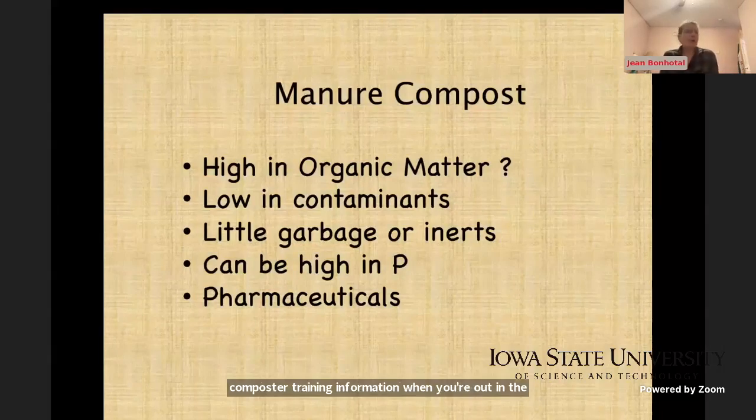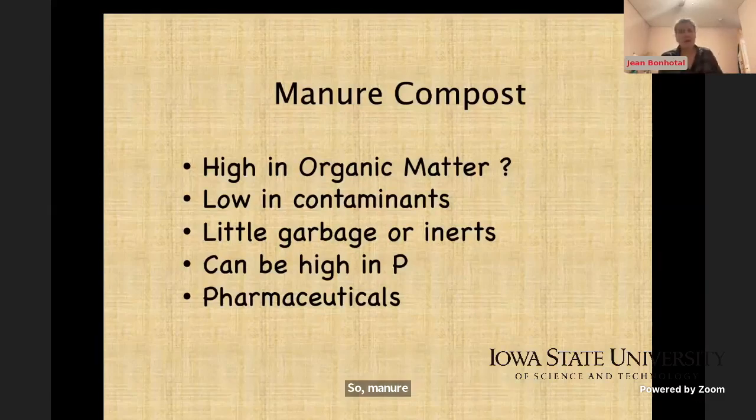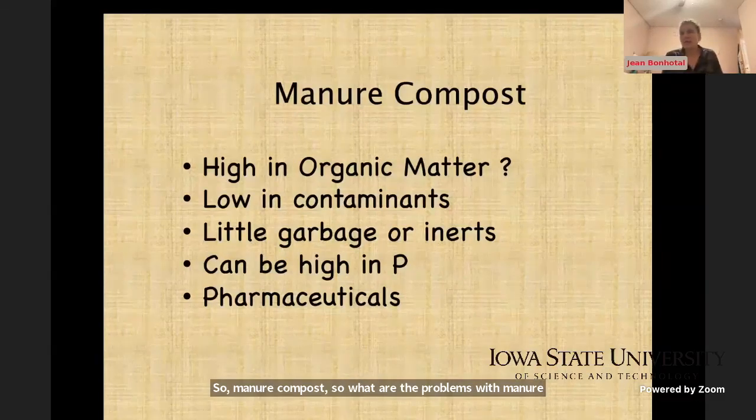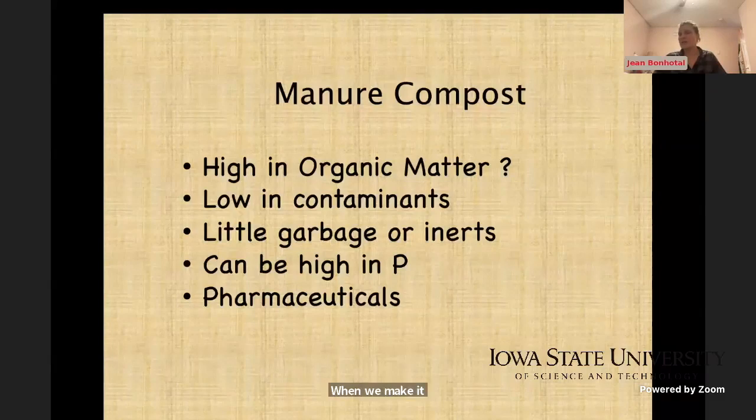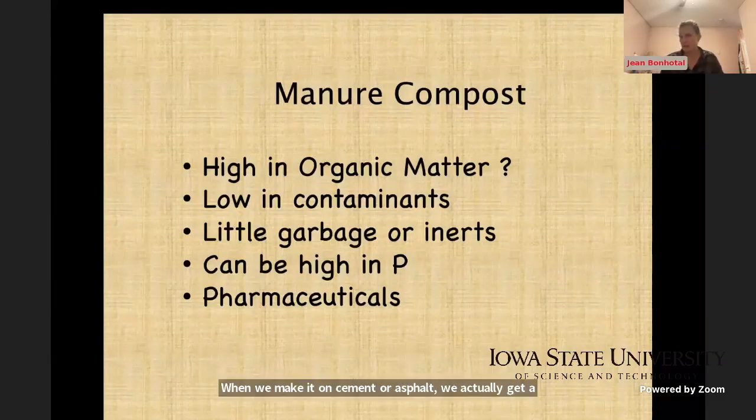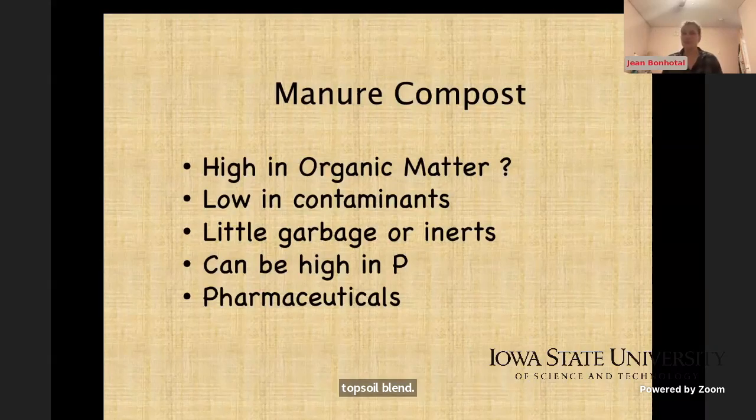So manure compost. What are the problems with manure compost? High in organic matter. Well, it depends on whether the compost is actually made on soil surface or cement or asphalt. When we make it on cement or asphalt, we actually get a topsoil blend. And that can be an asset if we have clean soil there.